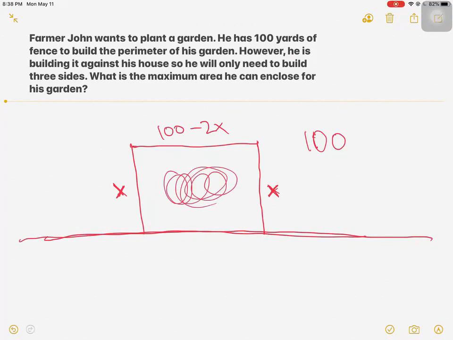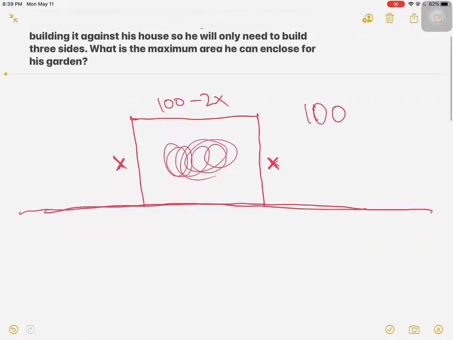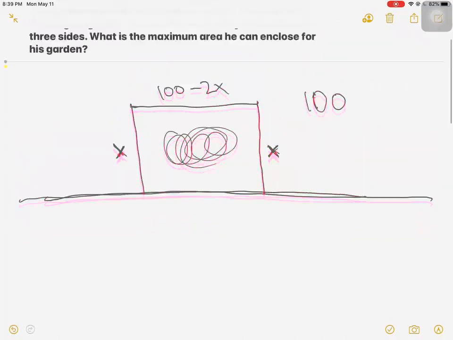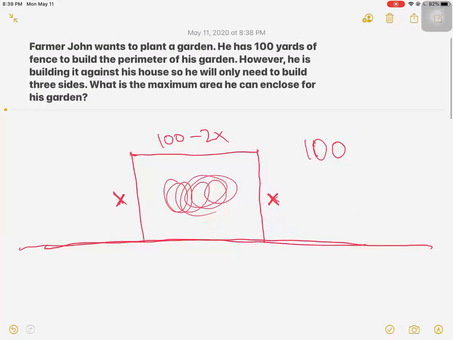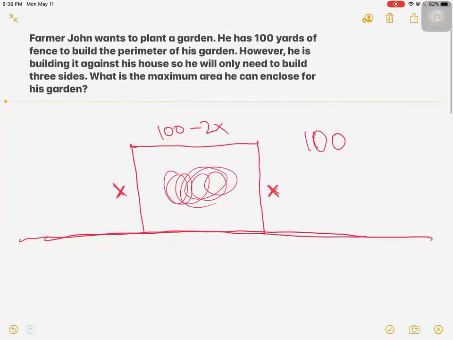Jennifer, no, it doesn't. x can be anything. We just want to maximize the area inside the garden. So I'll let you guys try this one, but since it wants a maximum area, we want to use the optimization tricks we've learned to find the maximum area. I'll give you guys 1 or 2 minutes.